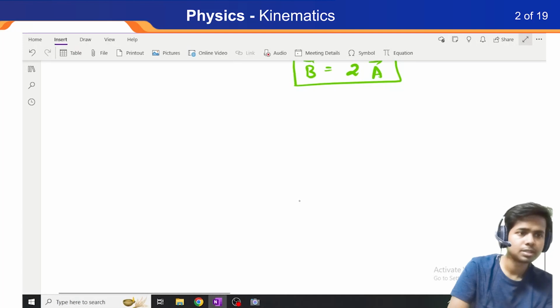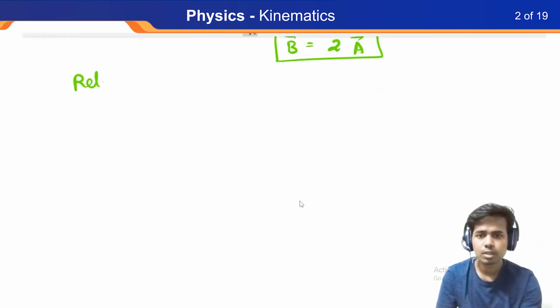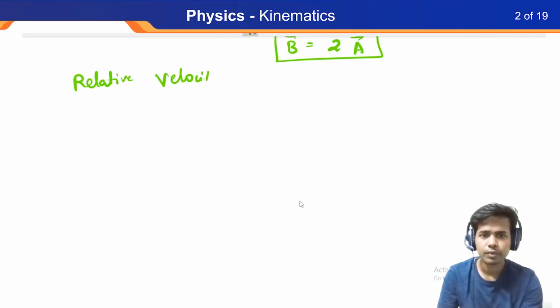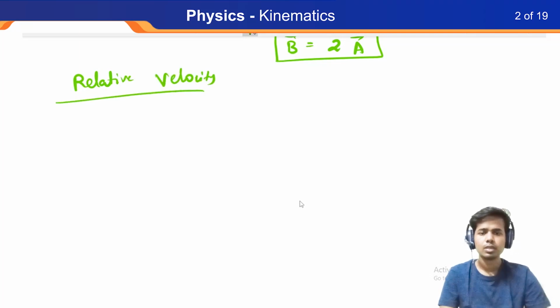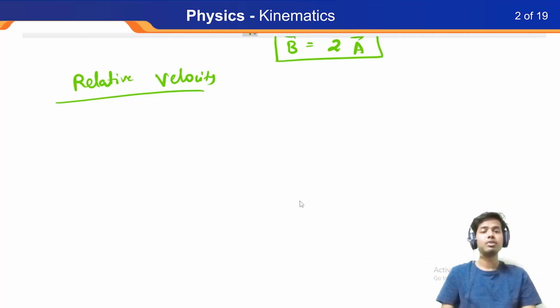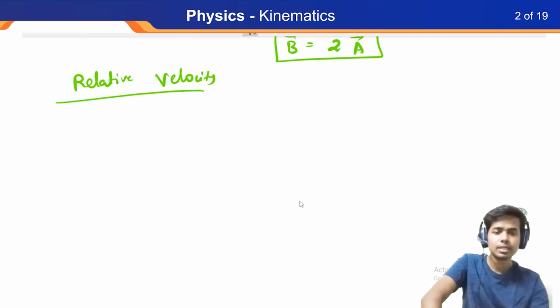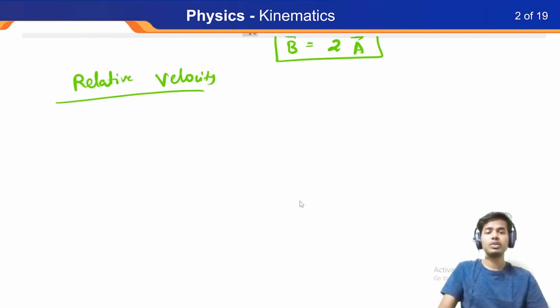Relative velocity. What do you mean by relative velocity? Before this, we were only talking about absolute velocity, right? Means velocity which the object actually has with respect to the earth.